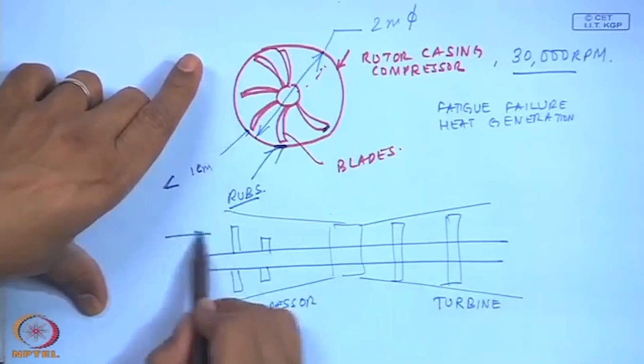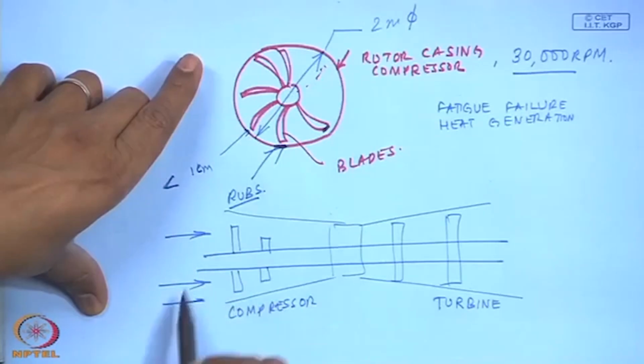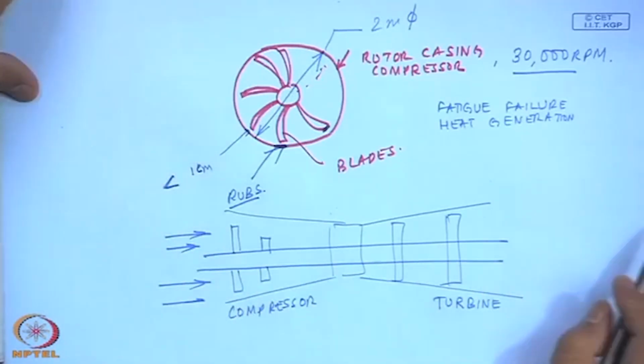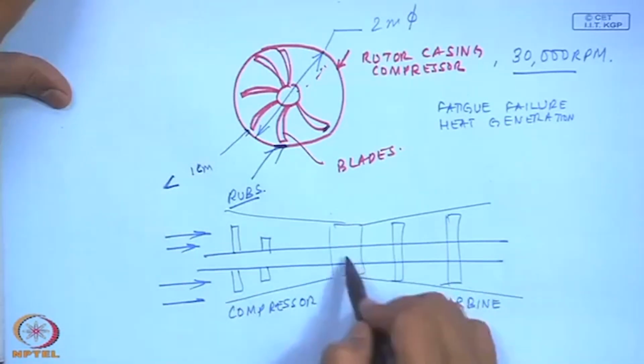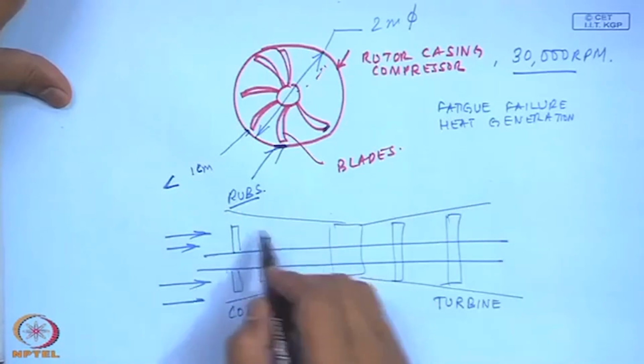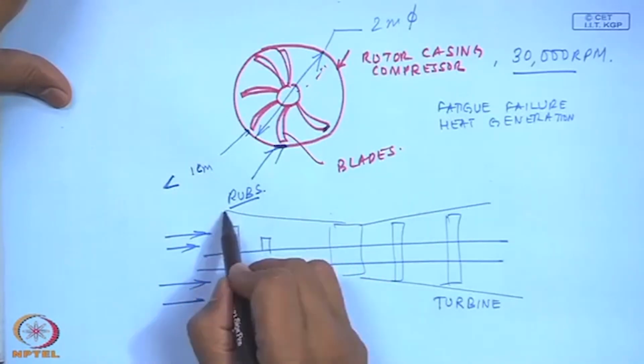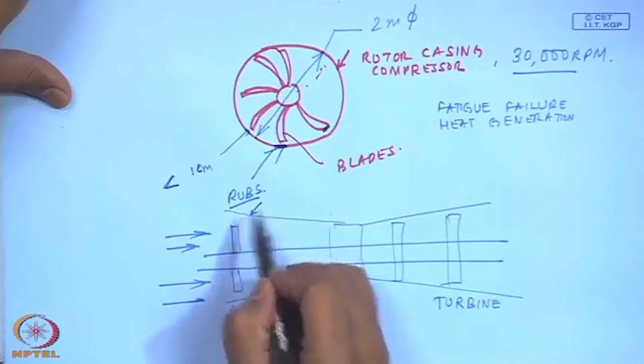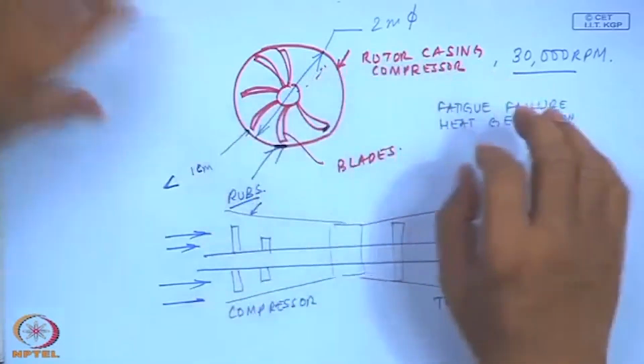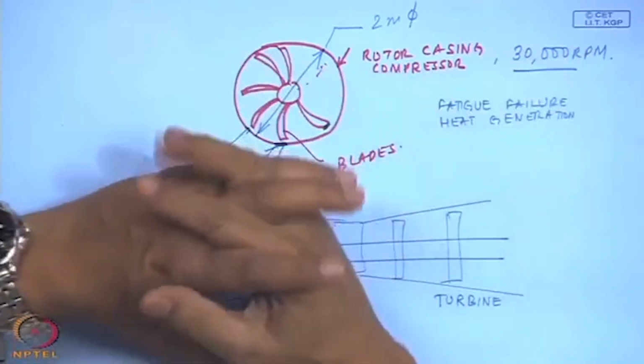So, I will have air flowing in, and then combustion and the exhaust gas, and that gives the thrust. But imagine if these casings touch against each other. So, we should avoid that. Maybe in the class on turbines I will show you a picture of how these compressor blades look like and how close they are. So, this has to be taken care of.